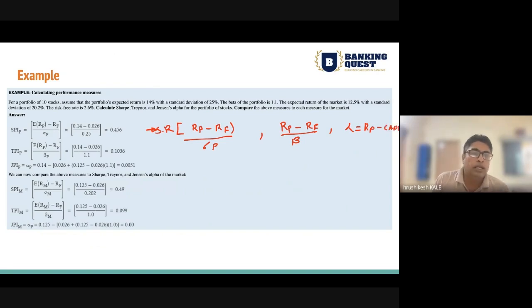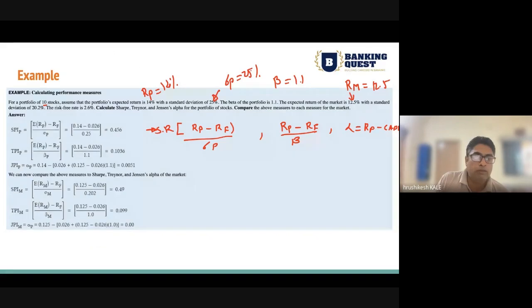Okay. For a portfolio of 10 stocks, I'm not worried about how many stocks are there. Expected return of the portfolio is given as 14%. Standard deviation of the portfolio is given as 25%. Beta of the portfolio is given as 1.1. Expected return of the market is given as 12.5.